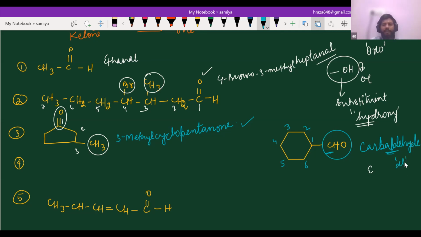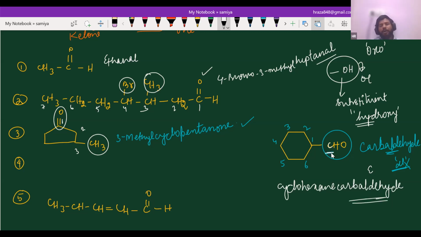Since I didn't count this carbon in the parent chain, the name will be cyclohexane carbaldehyde. When you don't count the carbon of the aldehyde, we use carbaldehyde.